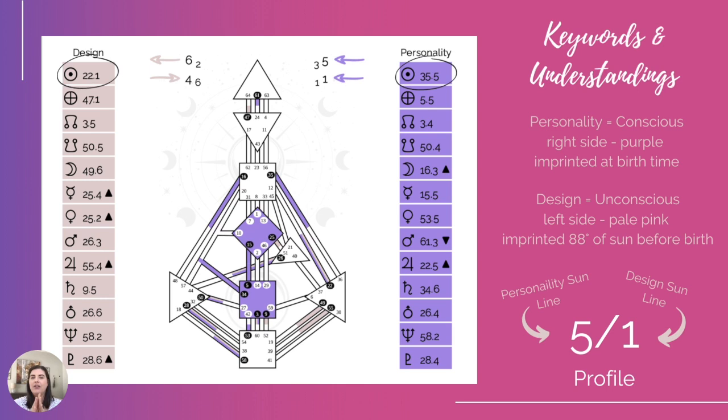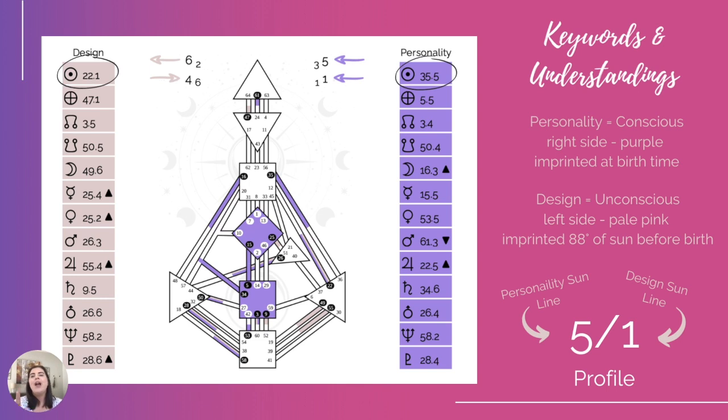So it's colored half pale pink and half purple, because it shows up on both my design and personality side, but in different areas. For me, on the personality side, Jupiter was in the 22nd gate at the time of my birth, but on the design side, the sun was in the 22nd gate 88 days before the day I was born, 88, 89 days, somewhere around there.